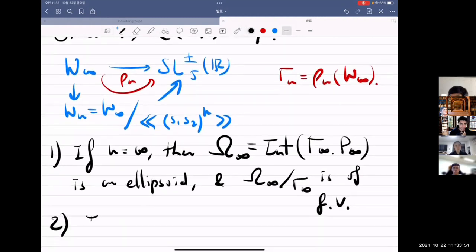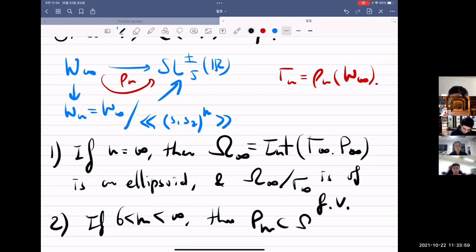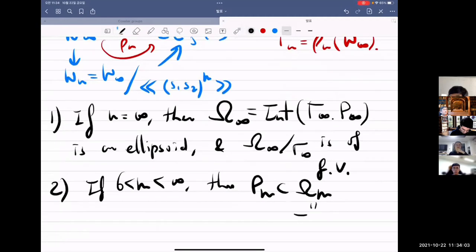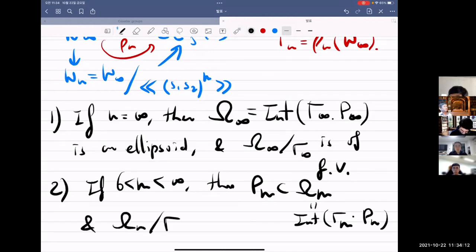Second, if M is between 6 and infinity, then P_M is inside Ω_M, because Ω_M is the interior of the Γ_M orbit of P_M, and Ω_M quotient by Γ_M is compact.